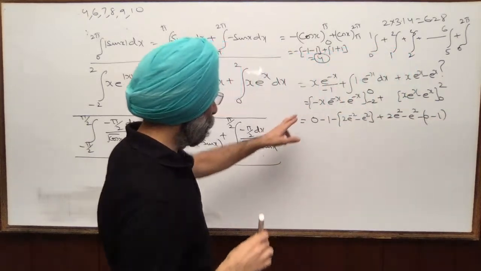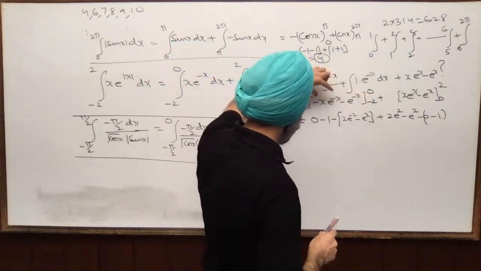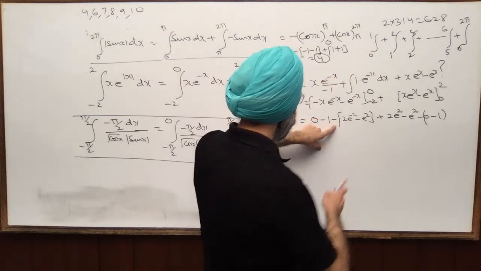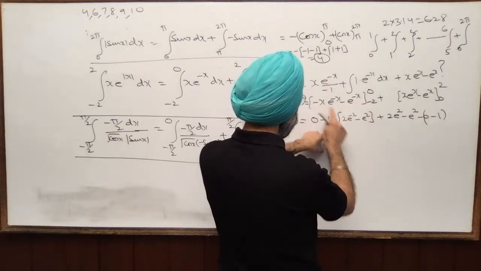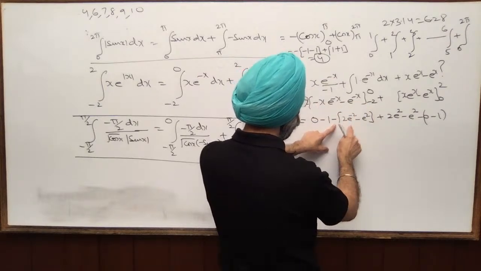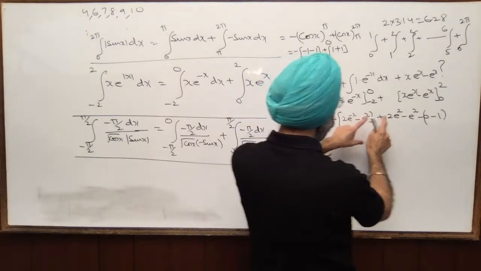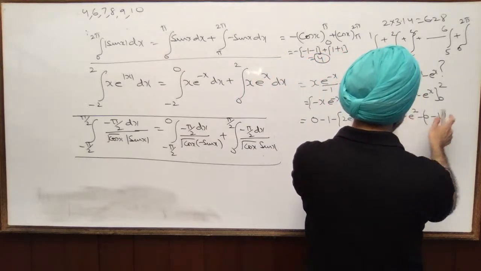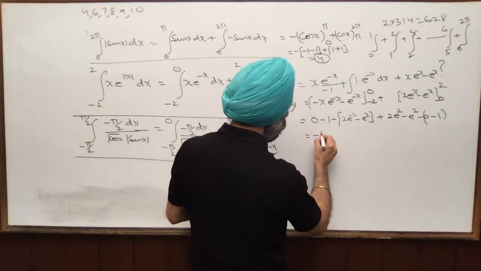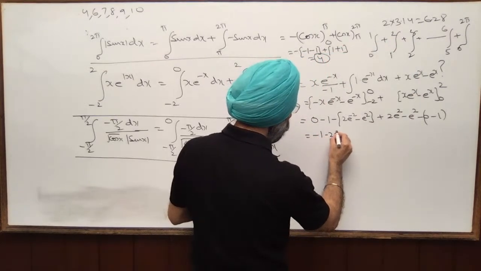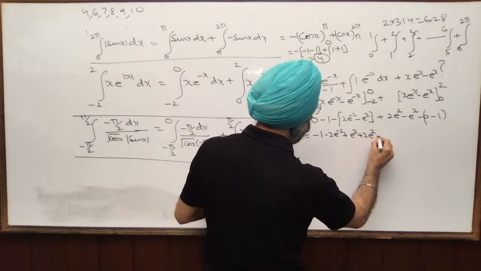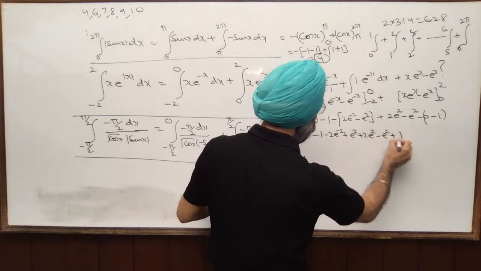So let me see once again. When I put 0, beta, the term is 0 minus 1, minus minus into minus, plus 2 e raised to minus 2 minus e raised to positive 2, plus 2 e square minus 0. So minus 1, minus 2 e raised to minus 2, plus e square, plus 2 e square minus e square plus 1 cancel out.